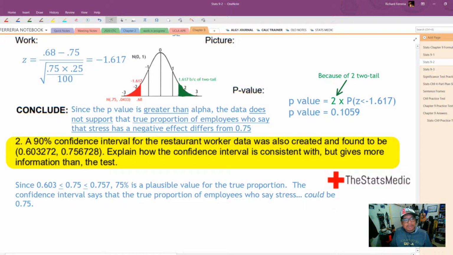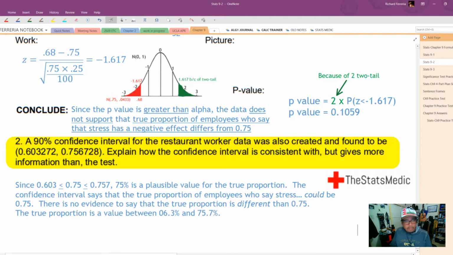So the confidence interval says that the true proportion of employees who say that stress has a negative effect could be 0.75. In other words, it's not different. We have no evidence that it's different than 0.75. The true value is somewhere between 60.3% and 75.7%.